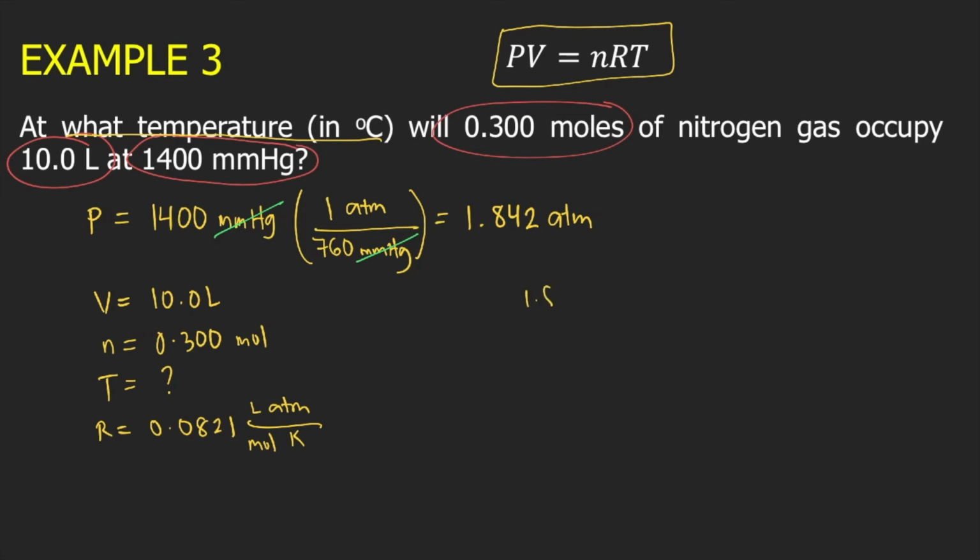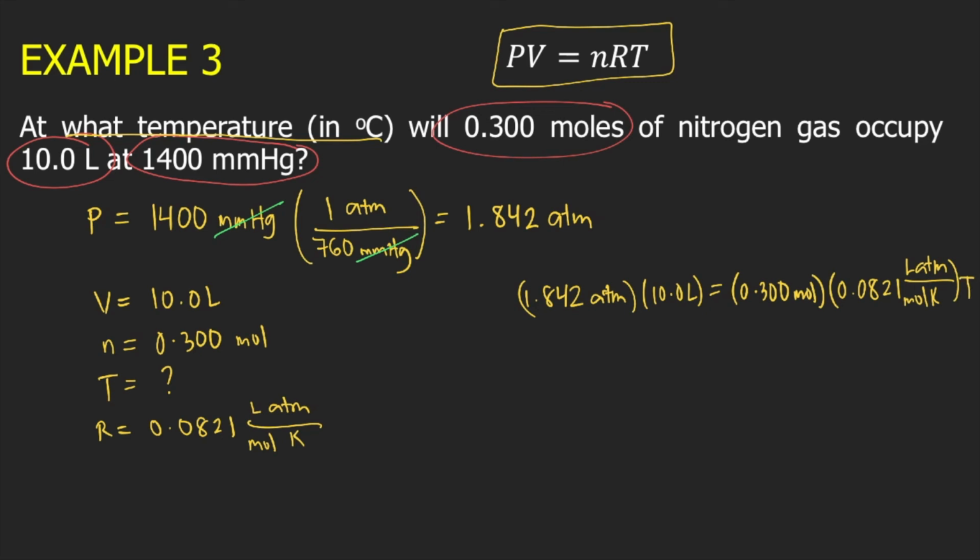Pressure is 1.842 times the volume is 10.0 equal to N, 0.300 moles, times R, 0.0821 liter atmosphere per mole Kelvin times T, which is unknown, so just write T.